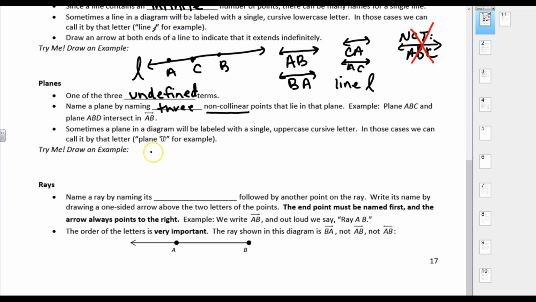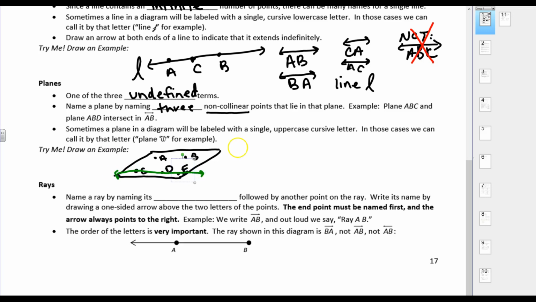So for example, if I've got a plane, we always designate planes by drawing vaguely parallelogram-esque shapes, where this is A, B, C, D, and I'm going to put another point here, E, where C, D, and E are on a line together.